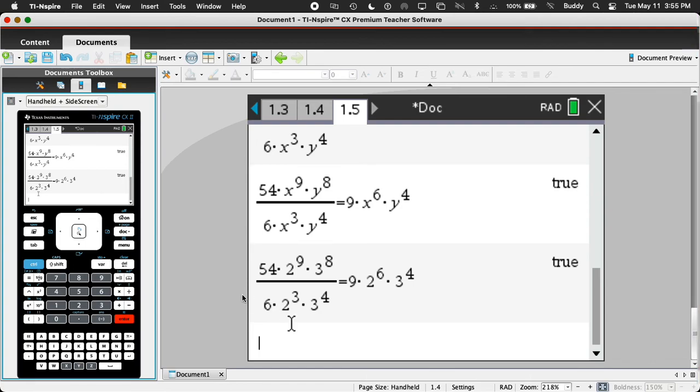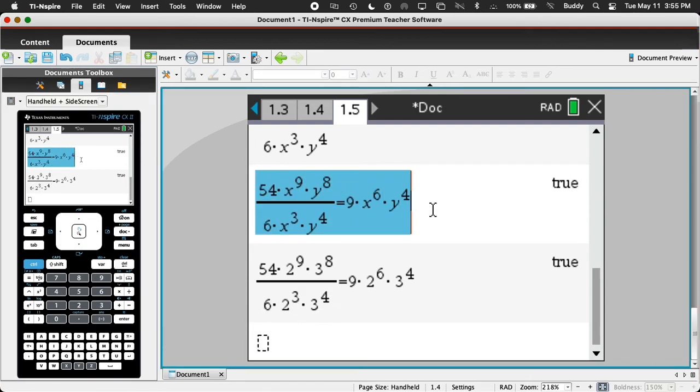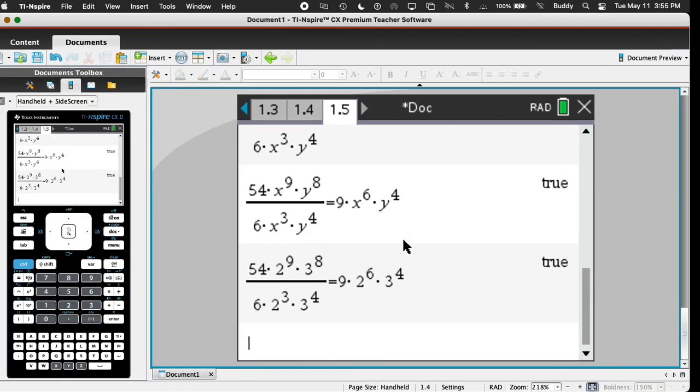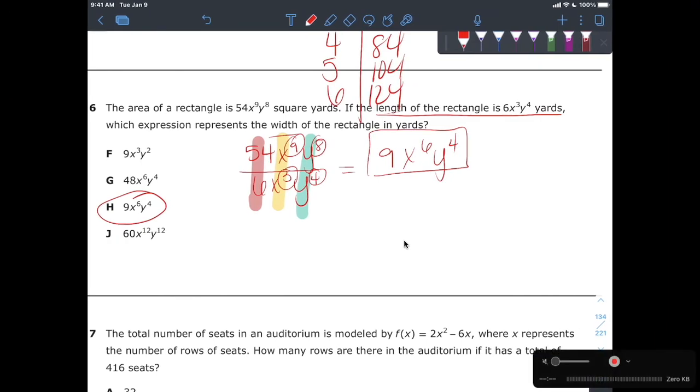So yes, it's totally possible, but this just looks like a much cleaner read to me, and it's easier for me to understand. So whichever way you think is easiest is what you should do. My answer choice H is most certainly correct.